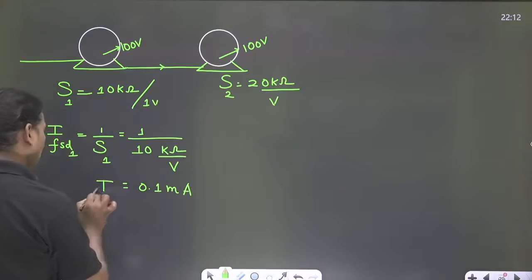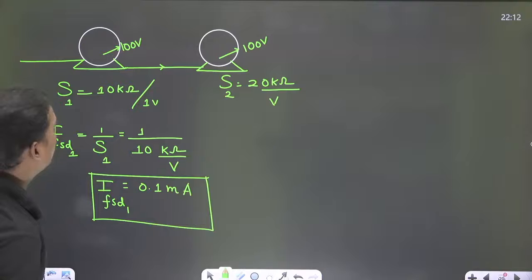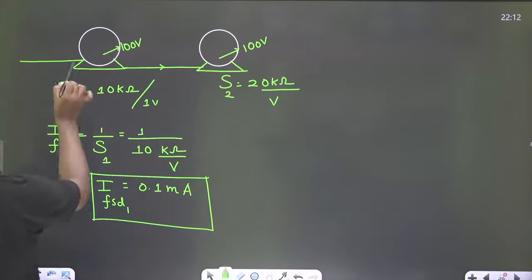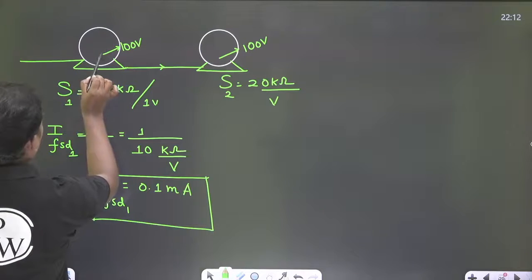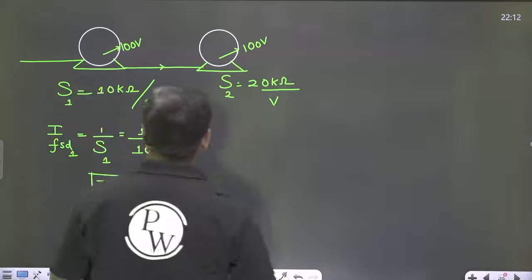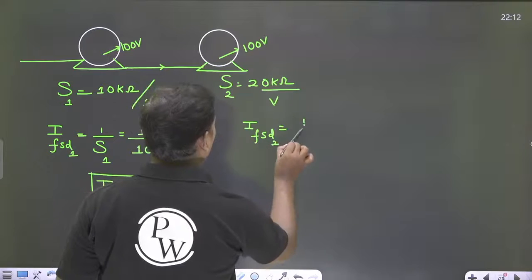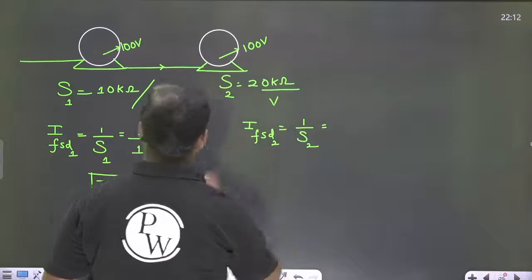So this is the full scale deflection current 1. It means to display 100 volts, it requires a full scale deflection current of 0.1 milliampere.